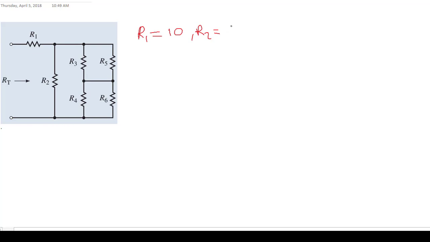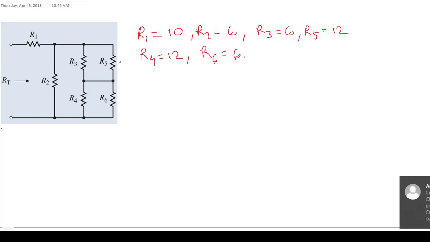R2 is, let's say, 6 ohms, R3 6 ohms, R5 12 ohms, R4 12 ohms, and R6 6 ohms. Okay, so we have this one is 12, this one is 6, this one is 12, this one is 6, this one is 6, and this one is 10.